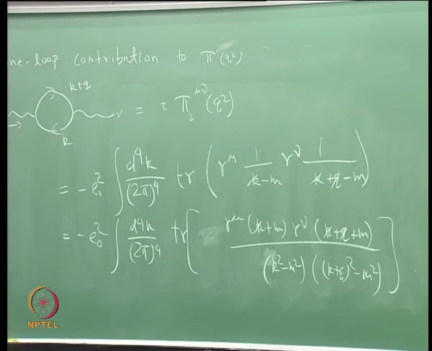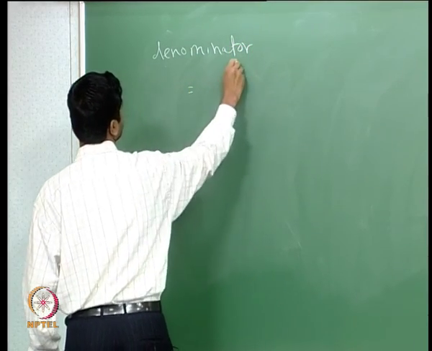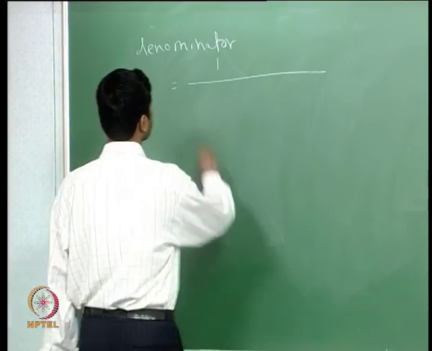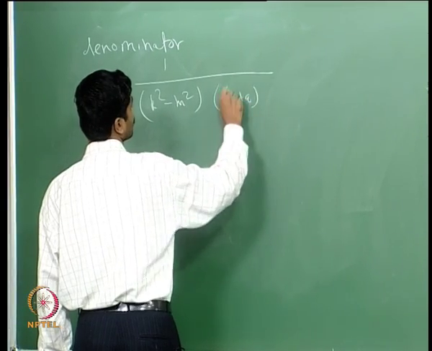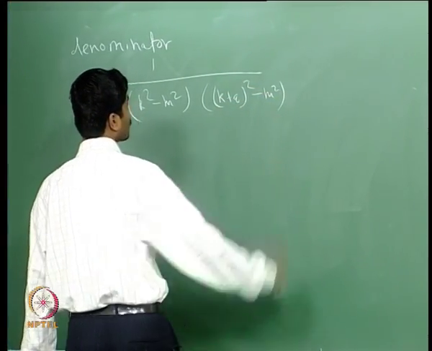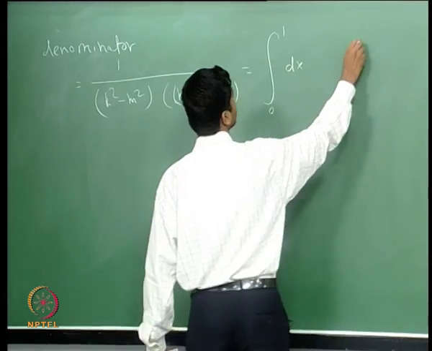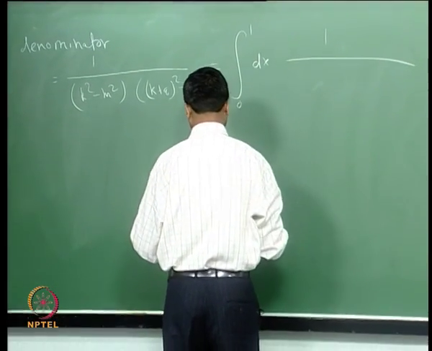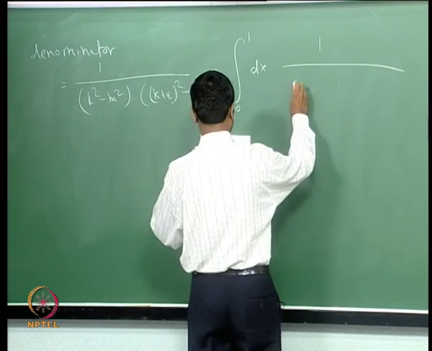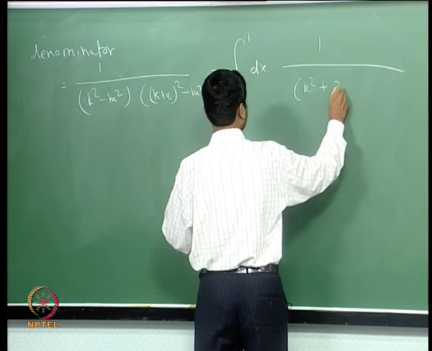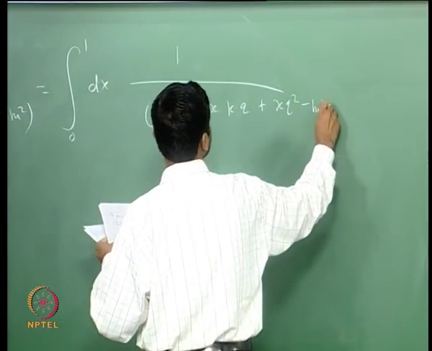The denominator is given by one over k square minus m square times k plus q whole square minus m square, and this quantity I will write as integration 0 to 1 dx times 1 divided by k square plus 2 x k dot q plus x q square minus m square, whole square.